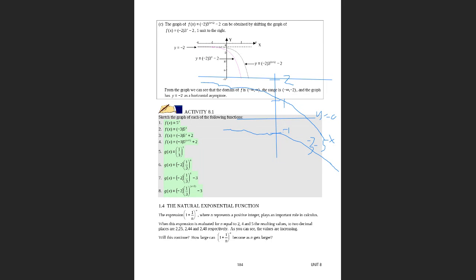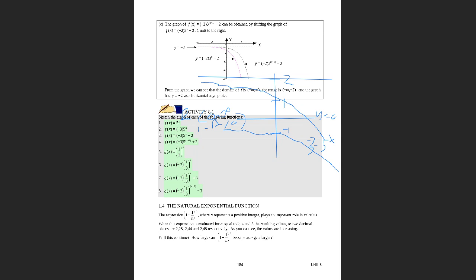So here, because here is positive, the range is going to go from asymptote, which is 0, to positive infinity. But when you come here, because now the number in front of the exponent is negative, it's going to go from negative infinity up to the asymptote, which is 0, not inclusive.